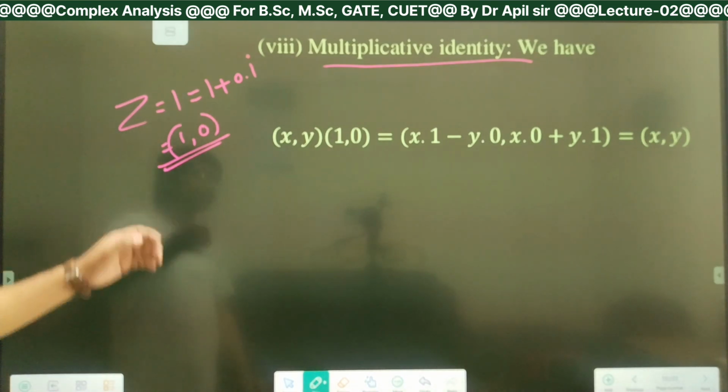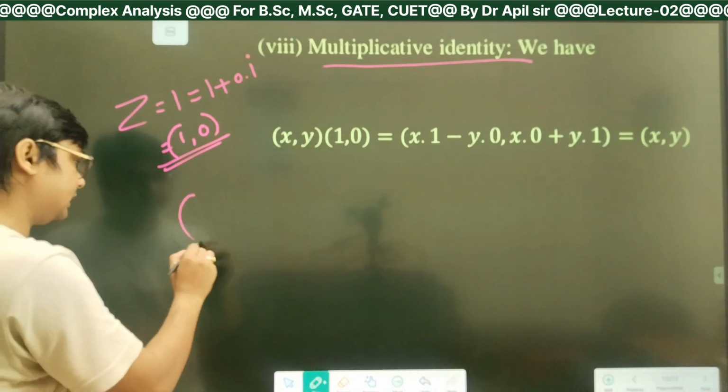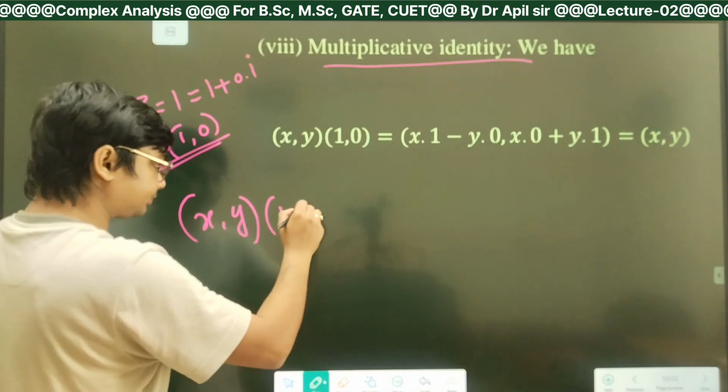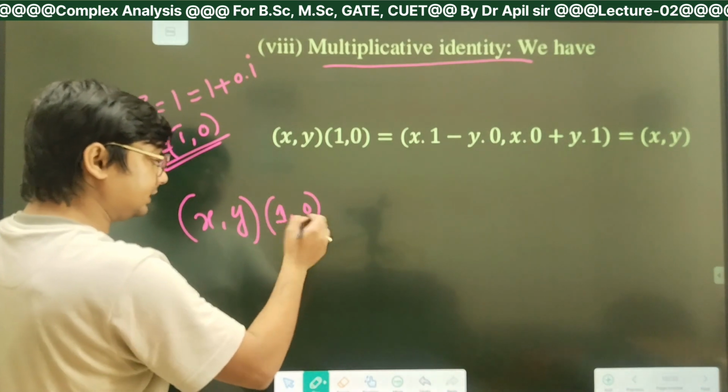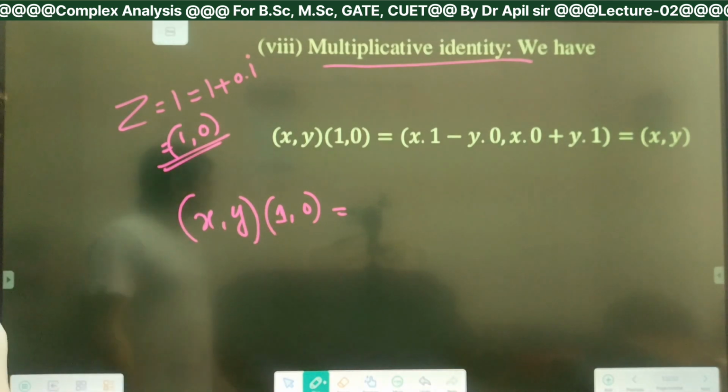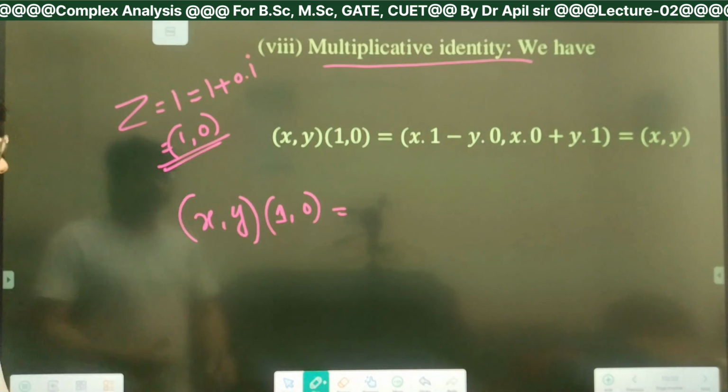You see, for this complex number, if we consider any complex number x, y, and if we multiply these two complex numbers, now you use the product rule, right? What was the product rule?